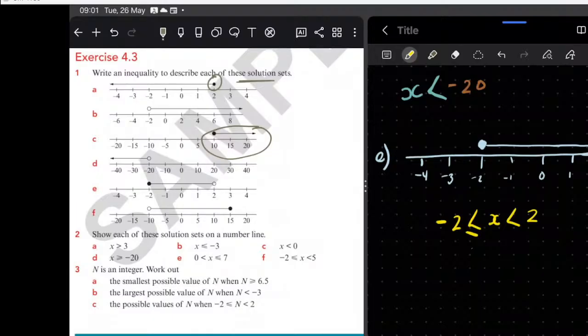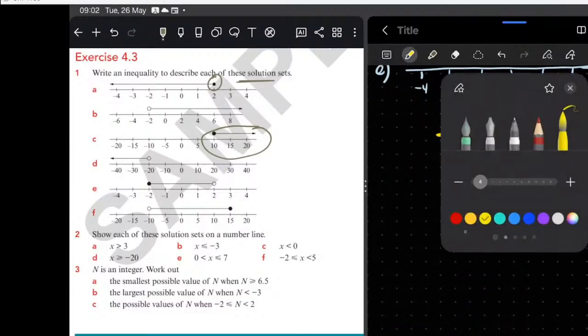Do you understand? The circle that is shaded is at -2, so we put an or equal to. But at 2, it's unshaded, so I don't want to see an or equal to. We will have a problem if you do that, because you can't put an or equal to if the circle is unshaded.